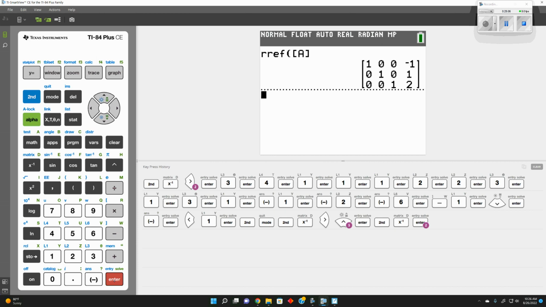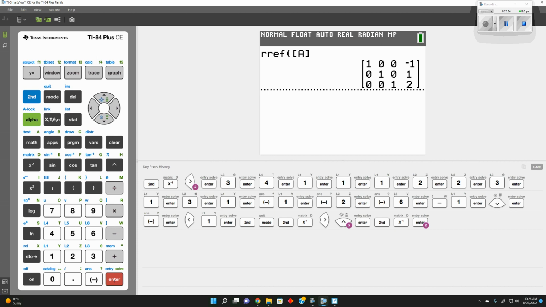So second matrix. We go over to math, and we can go up or down to RREF, and we'll hit enter. Now we go second matrix. Since you defined it as C, we'll call it up, and now hit enter one more time. And that's it.